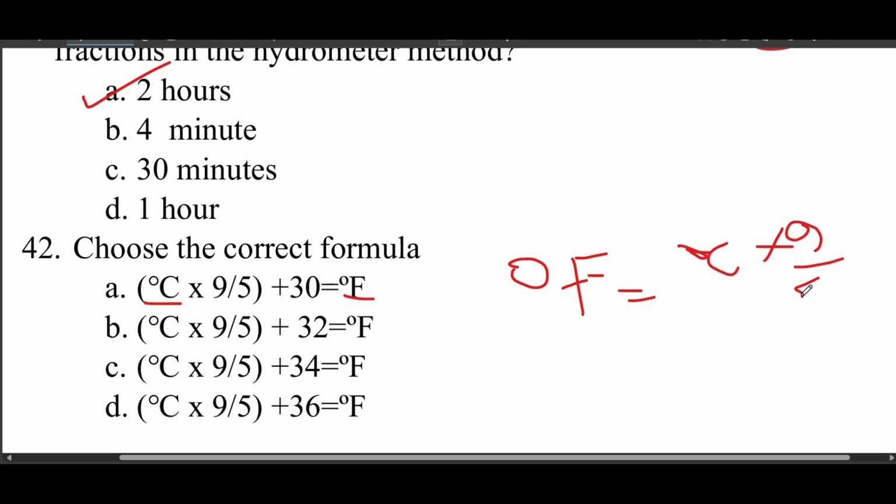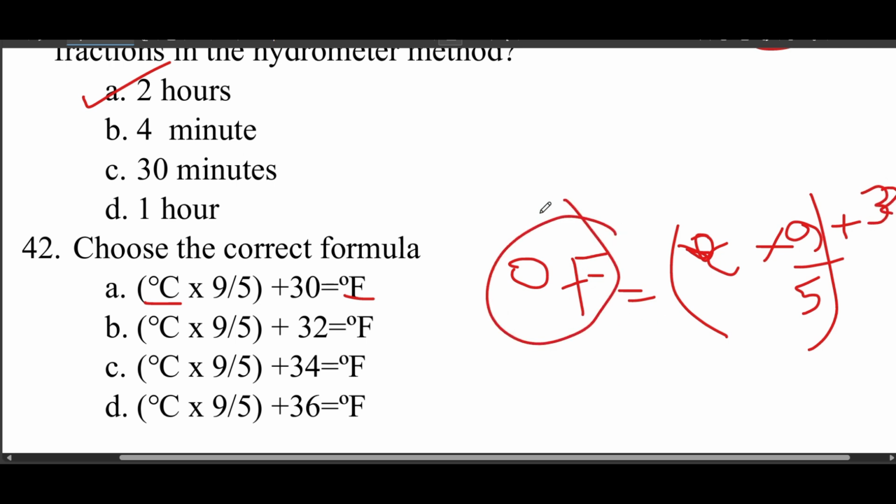I'm not good at writing on this laptop. I'm very sorry. I think you can understand. So we have to multiply degree Celsius by 9 by 5 and add 32. So we will get degree Fahrenheit. Okay, so the correct option will be B.